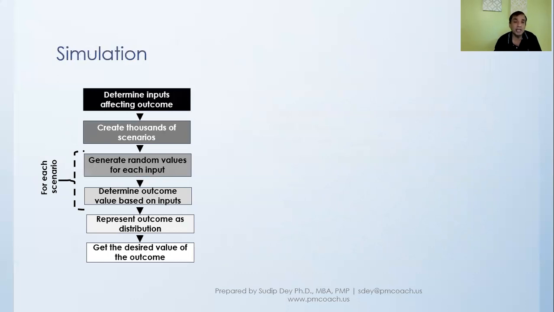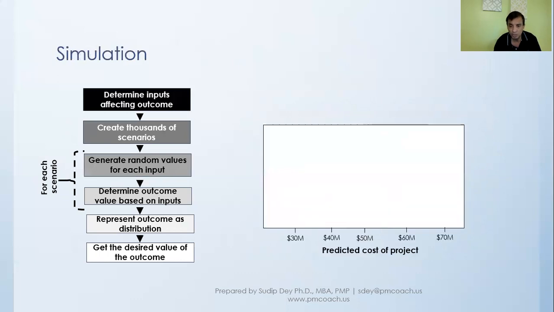So let's look at it more graphically. Let's say the x-axis is the predicted cost of the project, and this is what we are interested in. In the y-axis, we are looking at the cumulative probability, based on the simulation process we went through.